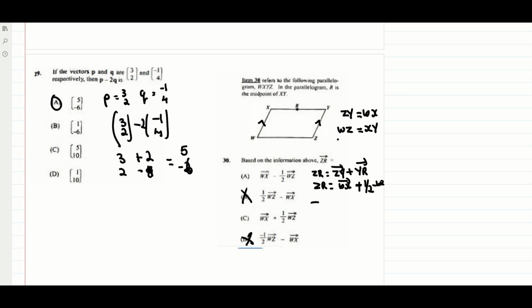So that is how we get ZR is equal to WX minus a half WZ. So the answer is A. And that is how you would do this question. And that is the end of the multiple choice questions for vectors and matrices, which is number 27 to number 30.